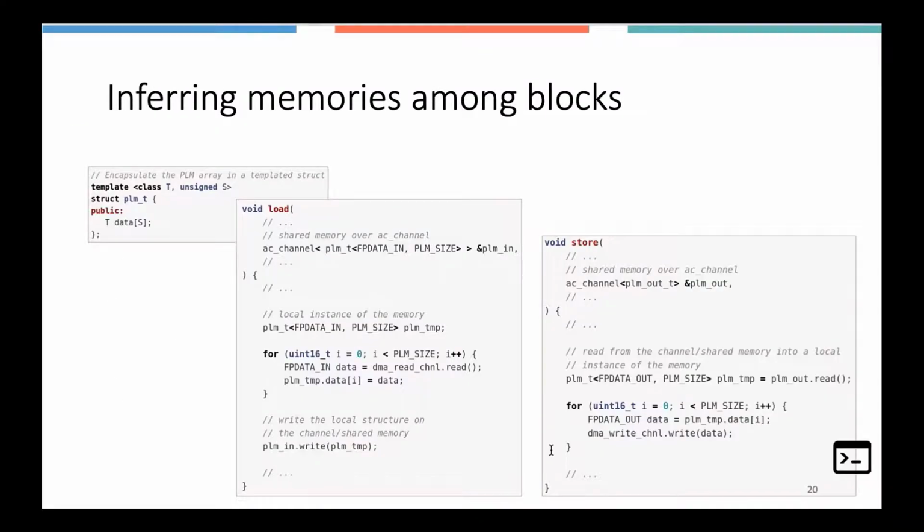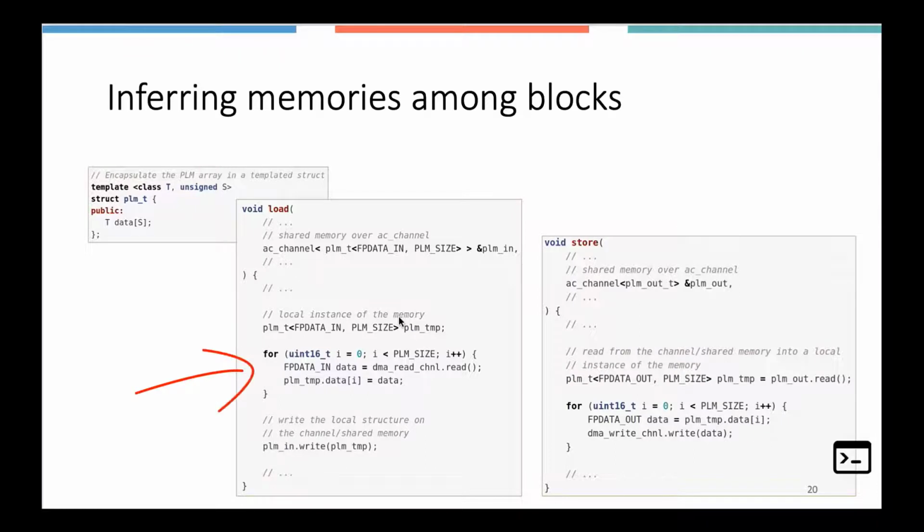Finally, in addition to the above HLS directive, a coding style must be followed to ensure that extra memories are not inferred by error. First of all, you have to remember to encapsulate the shared array in a struct, and then a local struct with the packed array should be declared to perform the memory operation, and this local struct is optimized away if the coding style is carefully followed. For example, in the load function, when we transfer data from the main memory to the shared input PLM, we should declare a temporary version of the PLM, a local instance.